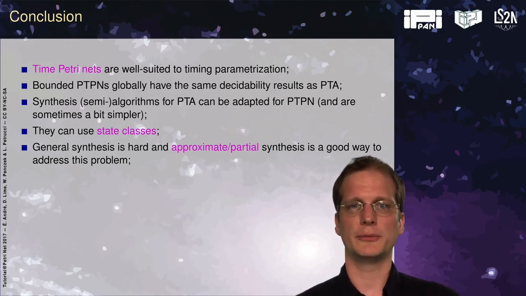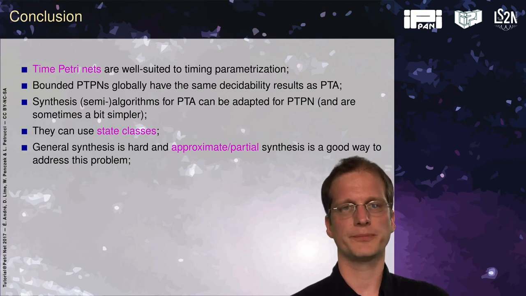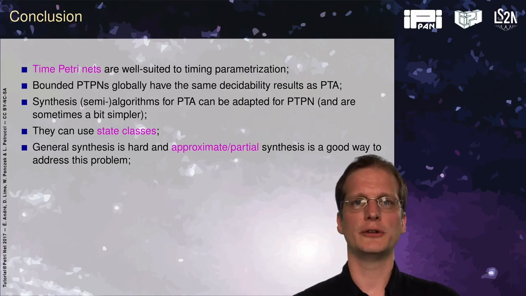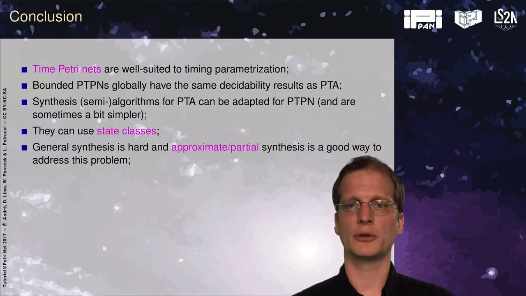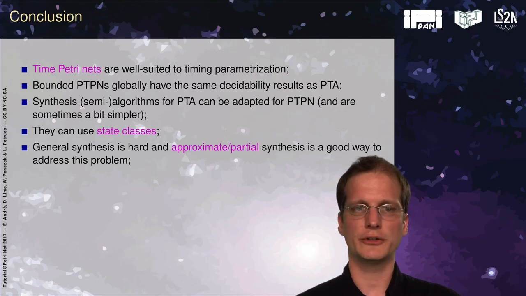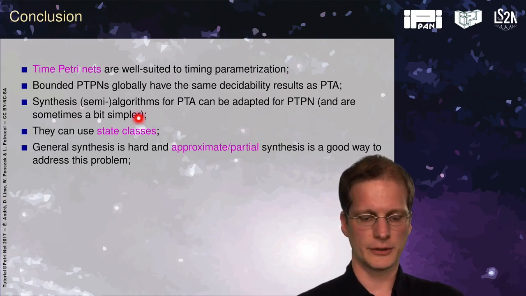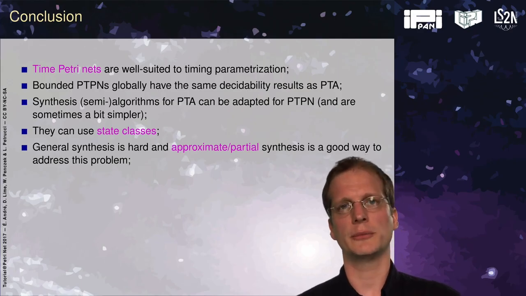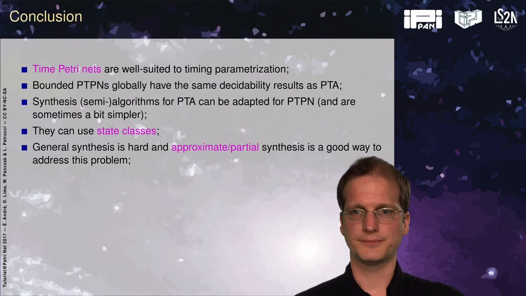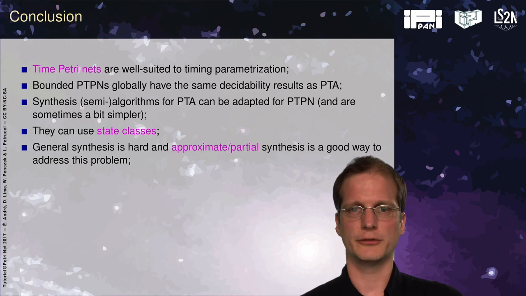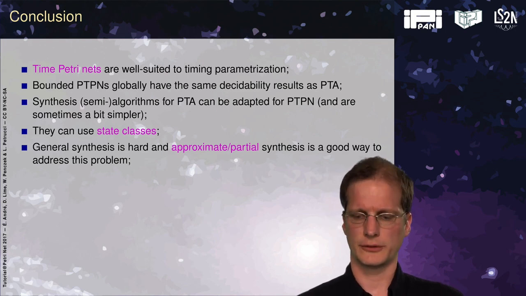We have seen how to adapt the semi-algorithms for parametric timed automata, and we have in particular explored the possibility of computing only integer parameter valuations or something big enough to contain at least all the integer parameter valuations. We have seen that for this algorithm we can use state classes, which is really the native abstraction for time Petri nets. And now we can have an approximate synthesis algorithm for time Petri nets with parameters.